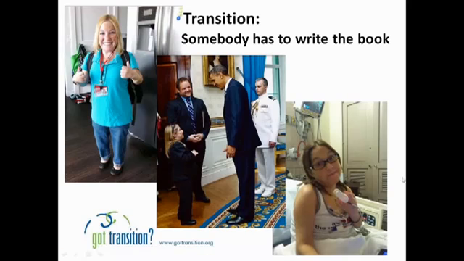But I want to jump in and talk a little bit about my experience with transition and how real this has become for me. The interesting thing is, I never really understood that transition was even an issue until I started this project with Got Transition. Then I started reflecting on my own experience, realizing how fortunate I was and how seamless my transition was.